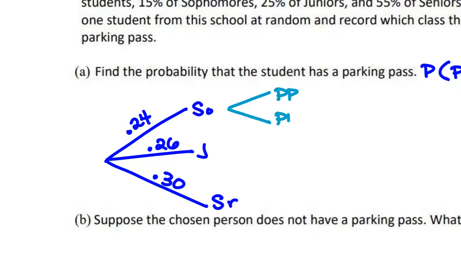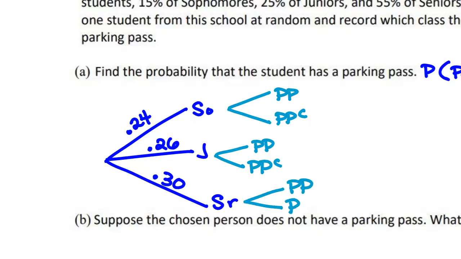Parking pass complement. I'm only interested in the ones that have parking passes, right? So I'm not even going to worry about the parking pass complement.